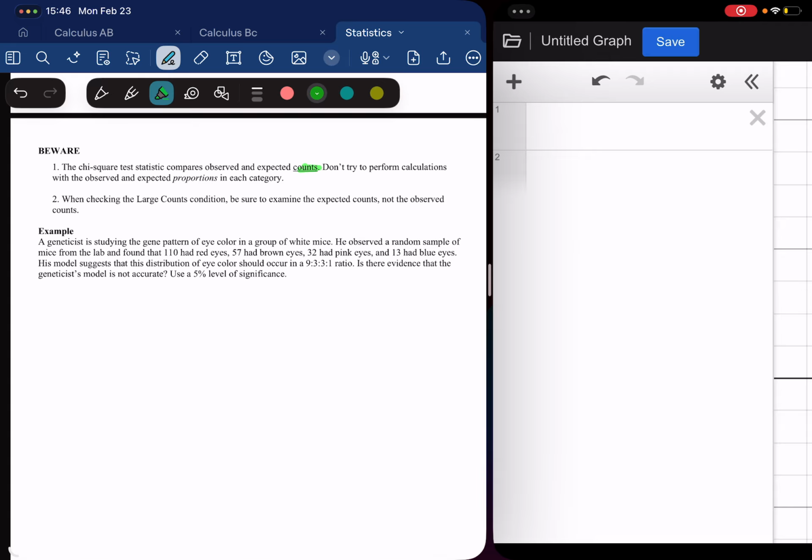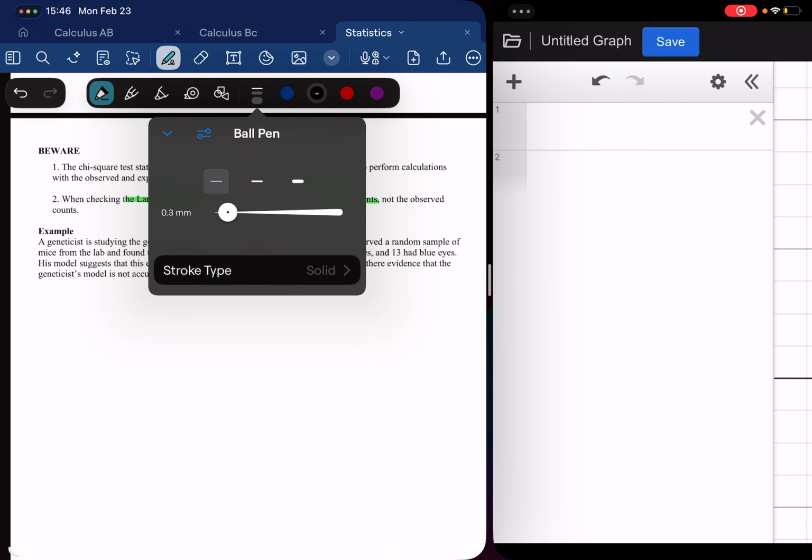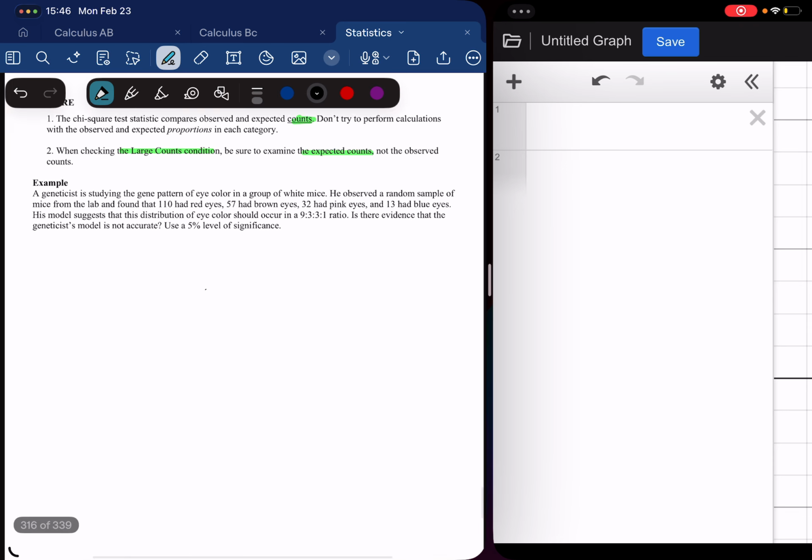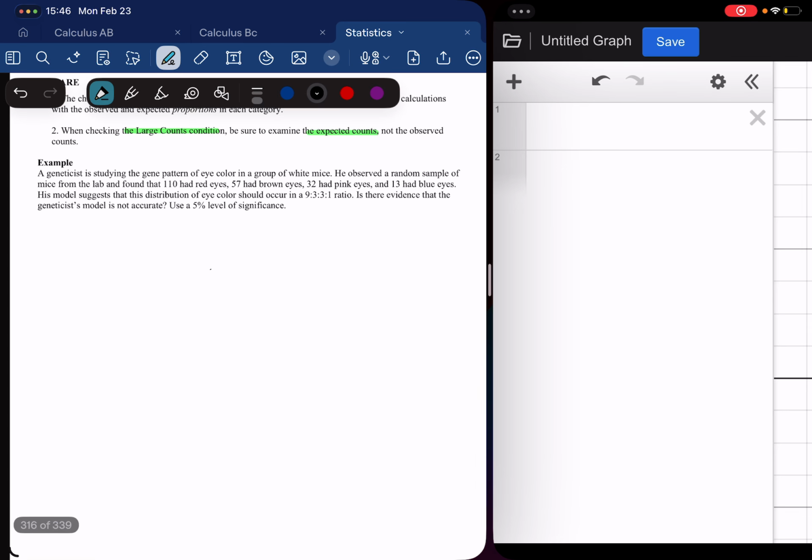So for example, 212 times 9/16, 212 times 3/16, and 212 times 1/16, which gives me 119.25, 39.75, 39.75, and 13.25.